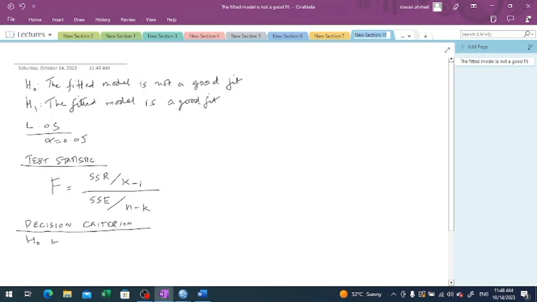We say again that H naught would be rejected if p value associated with F statistic that we can find in ANOVA table is less than 0.05.